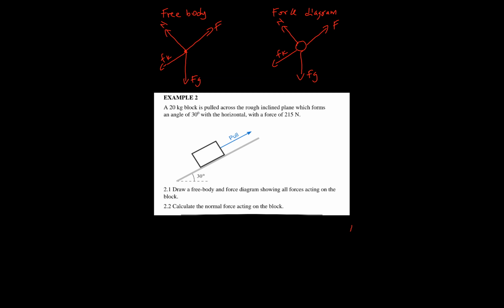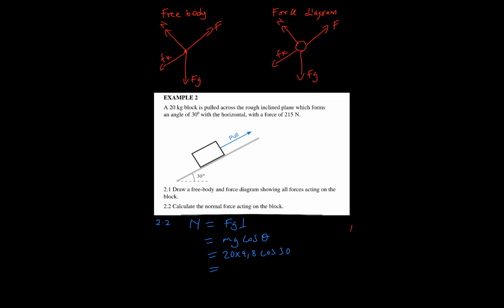Okay. Now let us proceed to question 2.2. It says calculate the normal force. I said that for this case, normal force is also equal to Fg perpendicular, which is mg cos of theta. So m is 20 multiplied by 9,8 cos of theta, which is 30. Now let us do our calculations here.